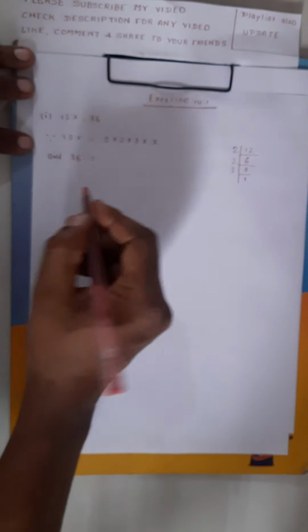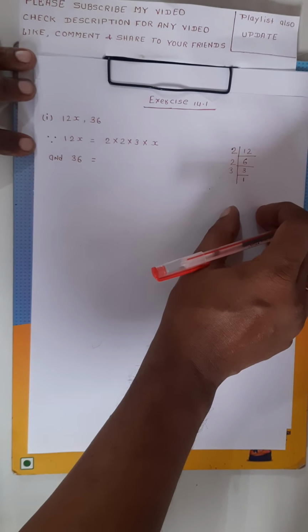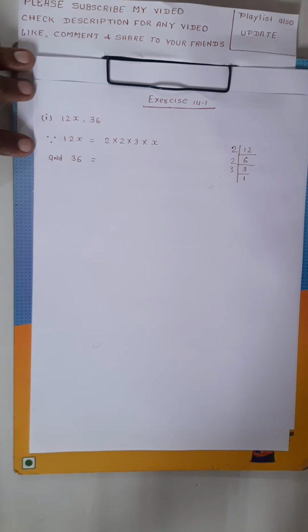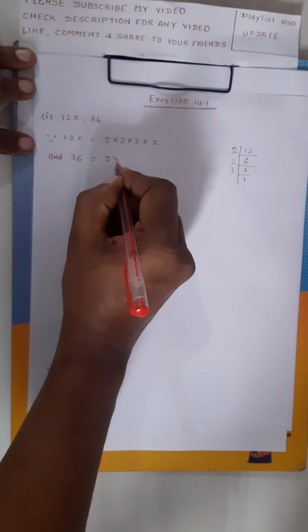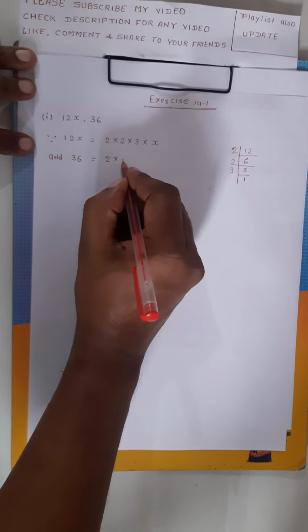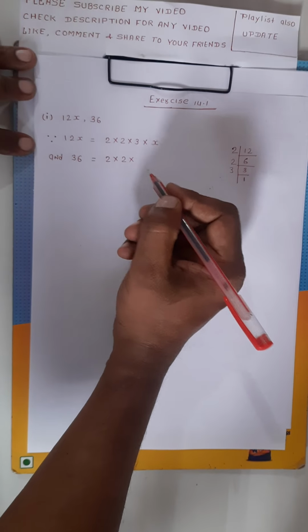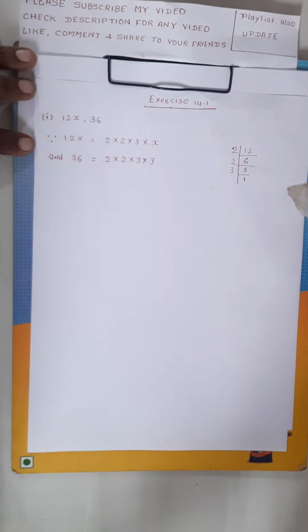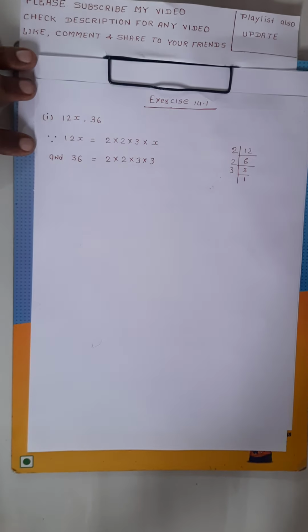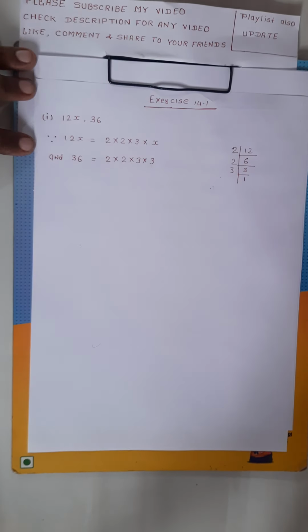Okay, for 36 again you can do these things also. For the 36 I do by myself. Okay, 2 18 ja 36, again 2 9 ja 18, 3 3 ja 9. Okay, and no variable is here, so 2 into 2 into 3 into 3 will come.